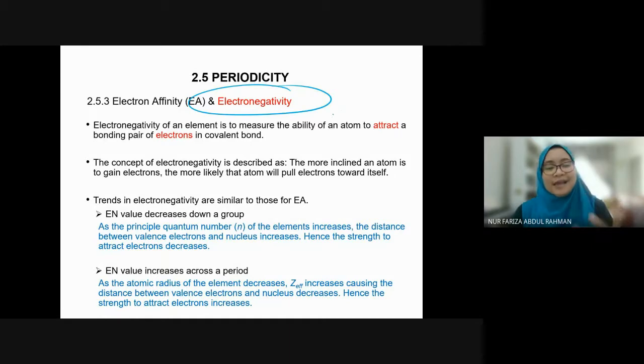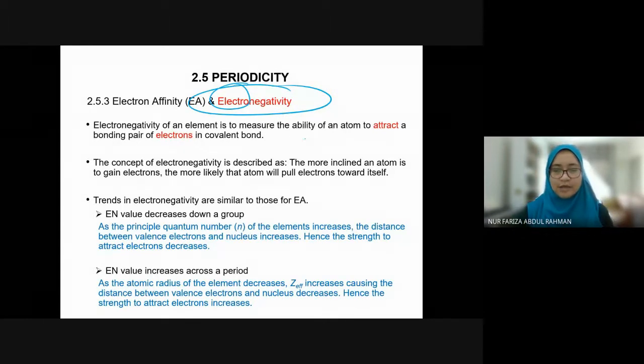Okay? Electronegativity means electron juga, electron, and then negativity. We know that electron, it is negatively charged. Okay, so again, this is also kesukaan terhadap electron. Okay, preference towards electron, but the definition is slightly different than the electron affinity. But the concept is almost the same.